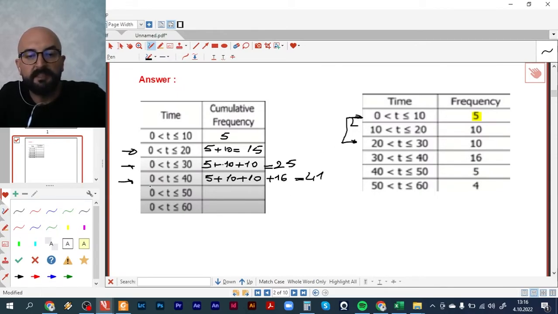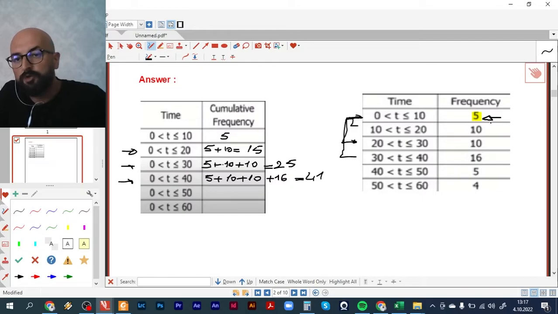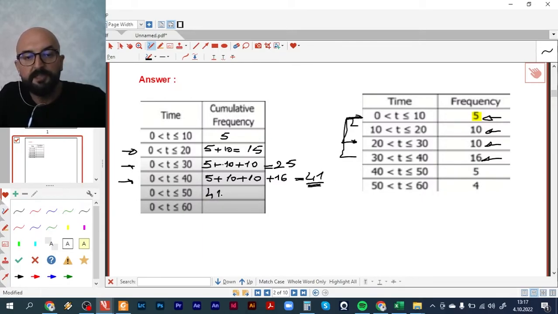This between 0 and 40 cumulative frequency means we add up all the values of the first four frequencies. The other one, between 0 and 50 cumulative frequency: we take 41 plus 5, so it means 46.